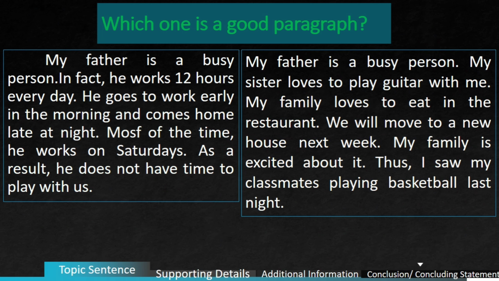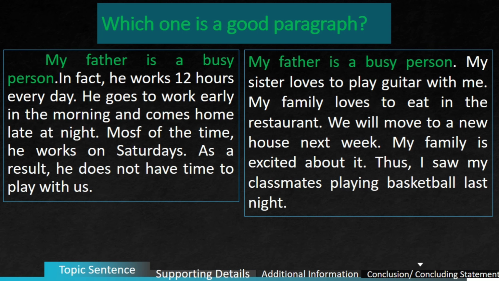Okay, let's try to analyze this. Which one is a good paragraph? What do you think? Looking at the topic sentence, my father is a busy person. Both paragraphs have the same topic sentence, but which do you think is the one that we can consider a good paragraph?